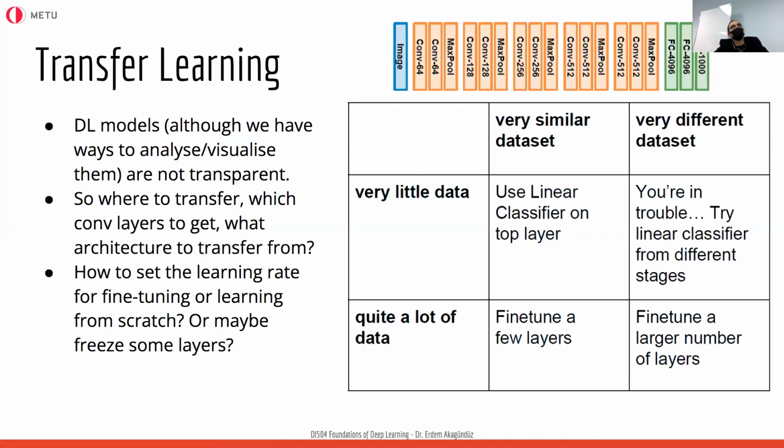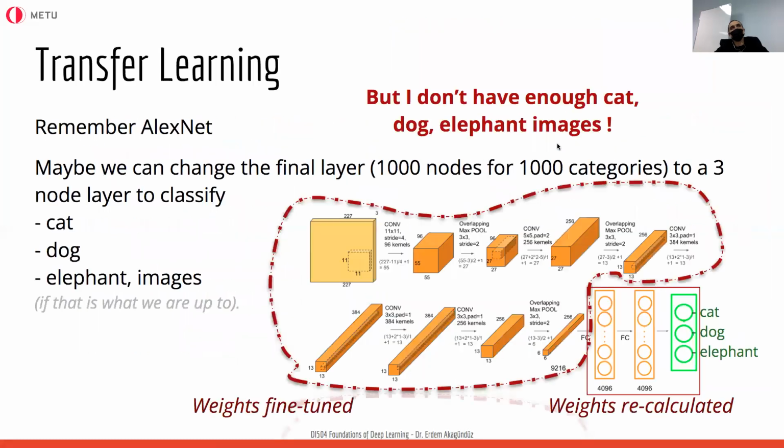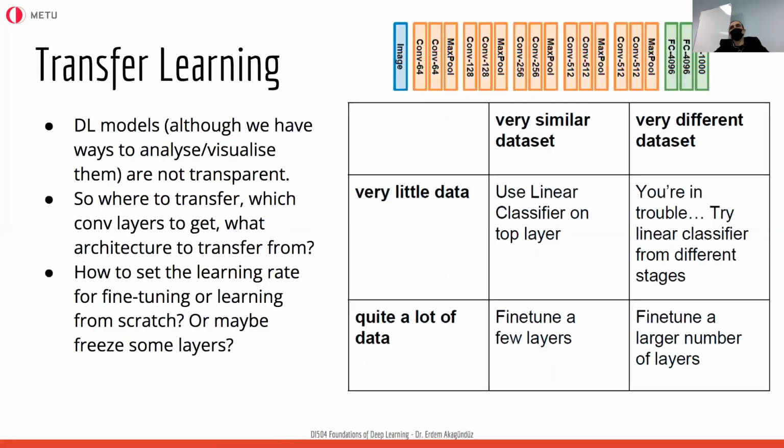I think it's a very similar data set for that matter, because in AlexNet, we also have animals. A data set which is not similar would be, I think, an infrared image data set, while the AlexNet is trained by RGB images, for example.